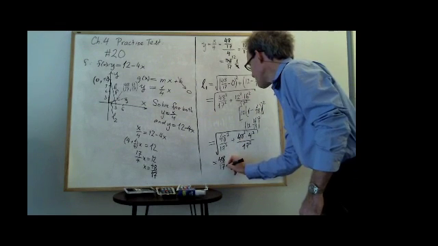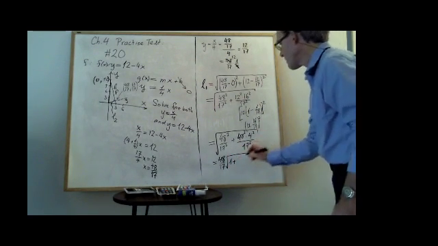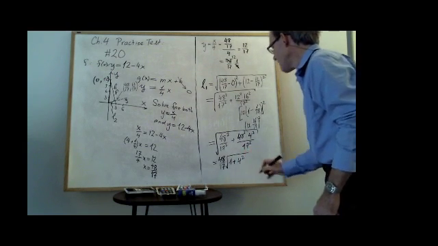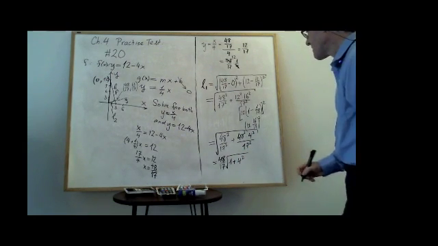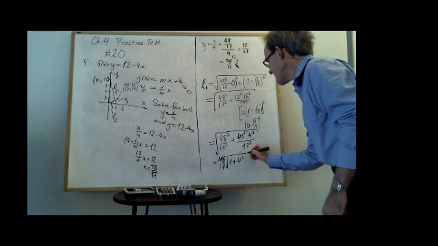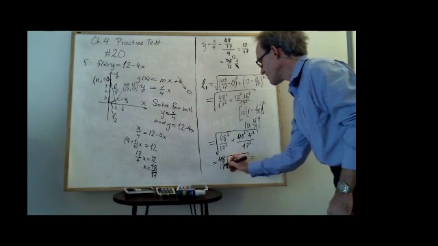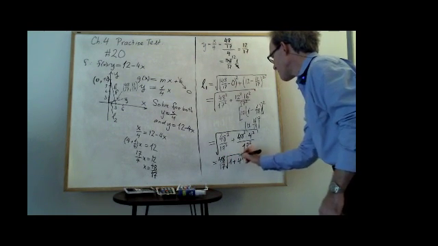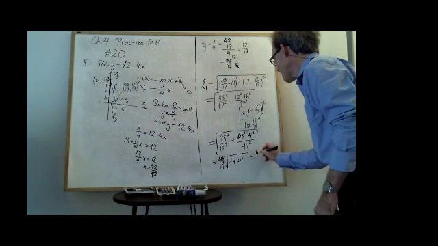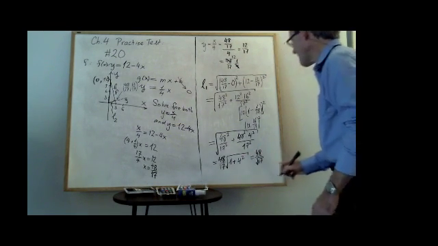Then I get the square root of 1 plus 4 squared, and this whole thing is 1 plus 16, which is 17. There are actually two square root 17s here, so one will cancel with the one above in the numerator, and I'll get 48 over root 17, just to make the answer look as simple as possible.